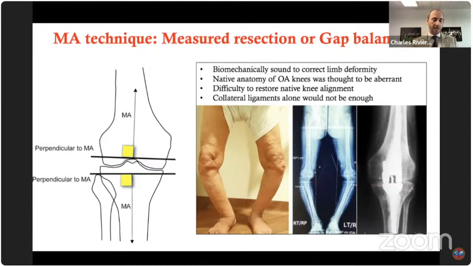And as well, it's very important to understand that it was thought that the collateral ligaments alone were not enough to stabilize a prosthetic knee. That's why the first TKAs were hinges, and this is a Shiers hinge you can see on the right side. Then after the hinge disappeared, we understood that the collateral ligaments were good enough to stabilize a prosthetic knee, but we removed the hinge and we kept the MA cut.